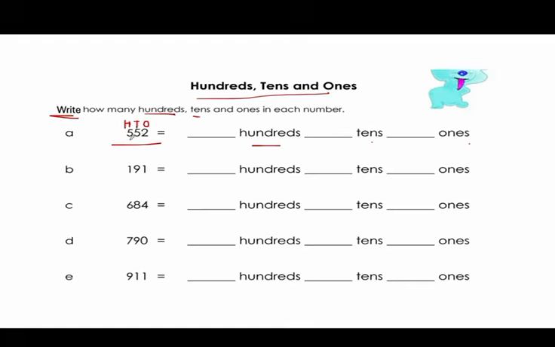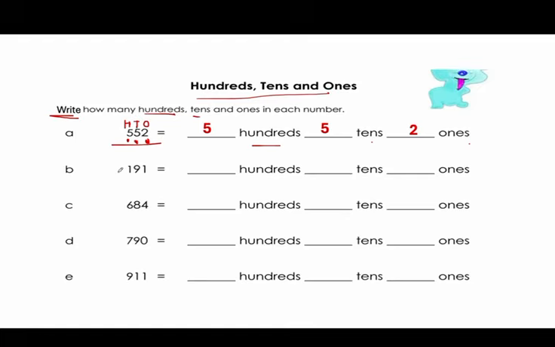Who can tell me how many hundreds? Excellent, 500. We are going to take the number under the hundreds place. How many tens? Excellent, 5 tens. How many ones? 2. Excellent.